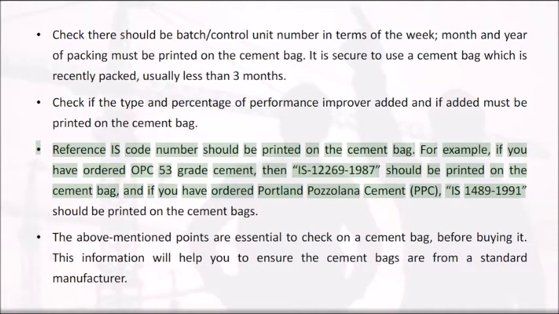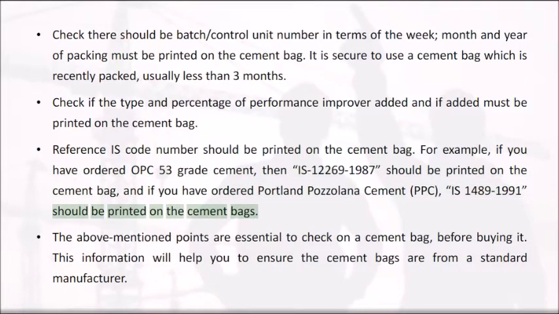For example, if you have ordered OPC 53 grade cement, then IS 12269:1987 should be printed on the cement bag, and if you have ordered Portland Pozzolana Cement, PPC, IS 1489:1991 should be printed on the cement bags.